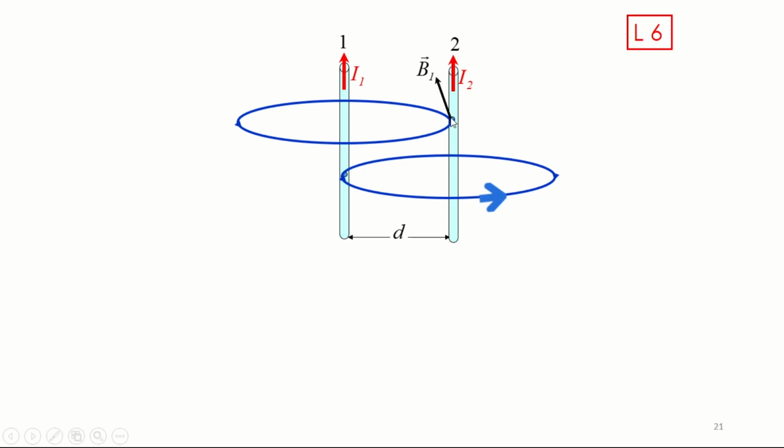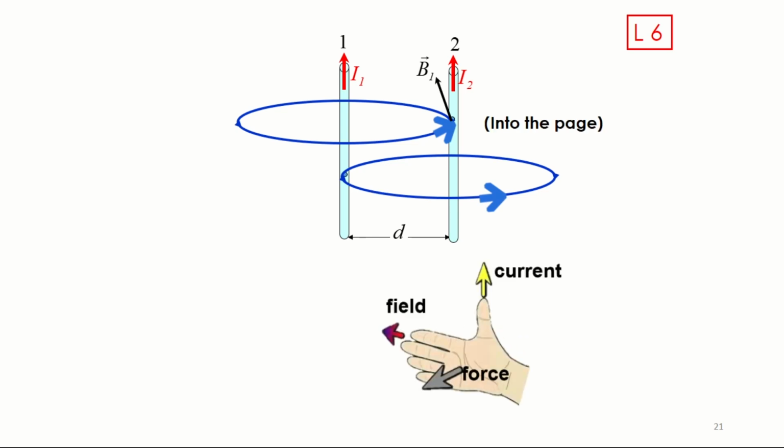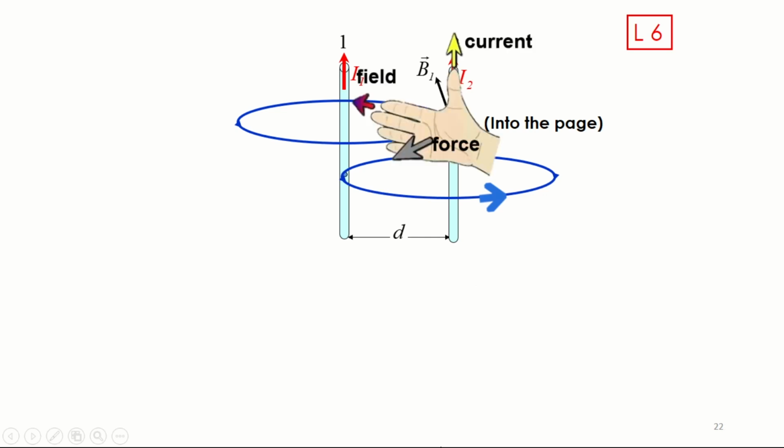To determine the direction of force, we use the right hand palm. The direction of the thumb is the direction of current. The fingers give the direction of the magnetic field. And the palm gives the direction of force. So we apply direction I2 outward and direction B1 into the page, and you can determine the direction of force.